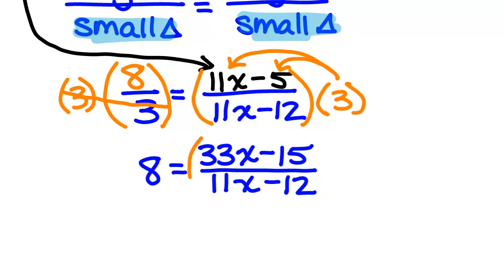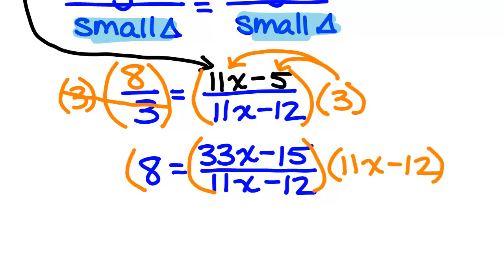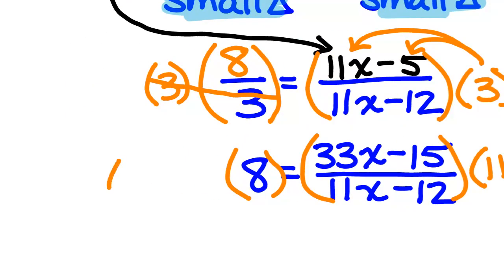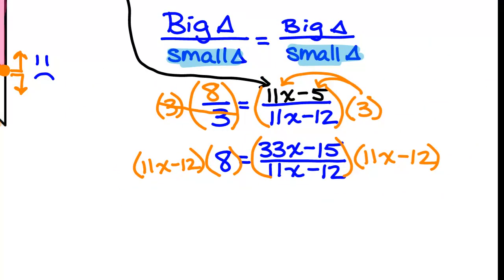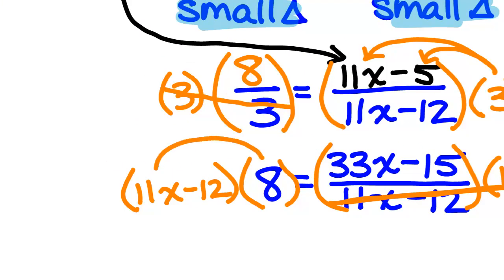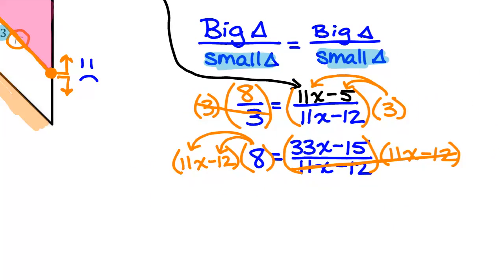Now we have to get rid of that 11x minus 12, so we're going to multiply both sides by our other denominator, 11x minus 12. Cancels out on the right. On the left, we have to take the 8 and distribute it to both pieces.